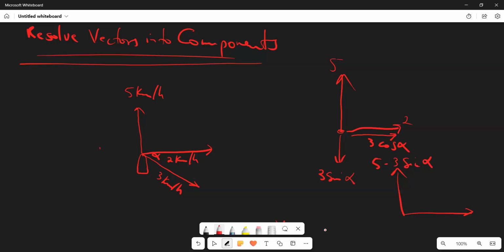And then here we'll have 2 plus 3 cos alpha. Now you have a situation where you can easily complete your parallelogram. You're not dealing with a complex polygon anymore, and you can find your R, because this is going to be a number and that's going to be a number, and you use Pythagoras' theorem to find R.